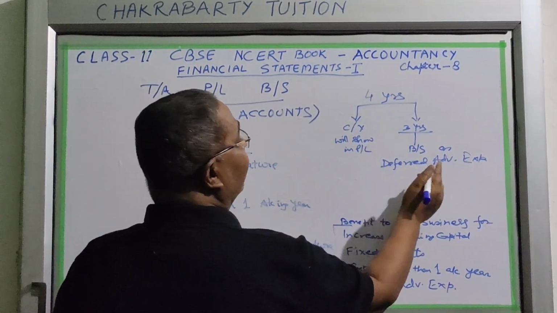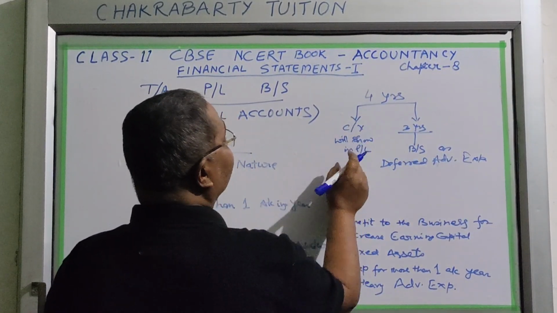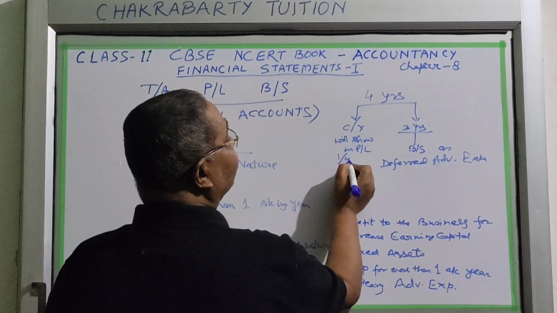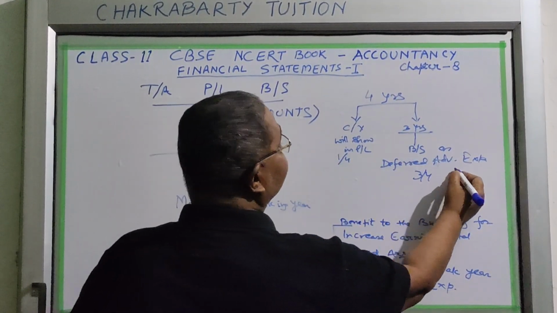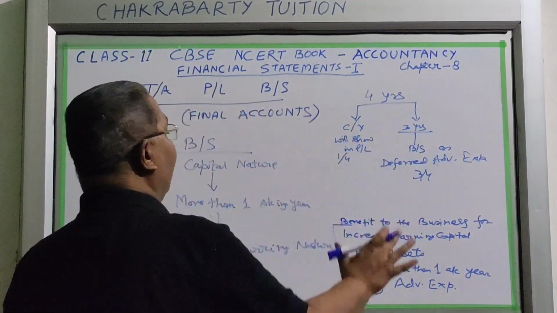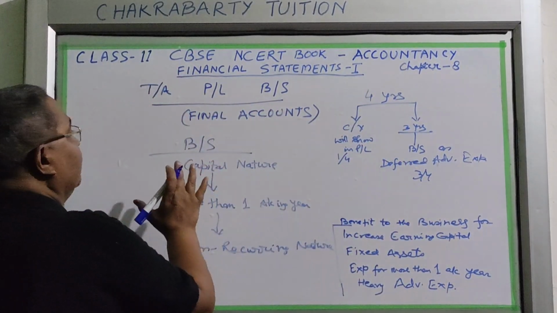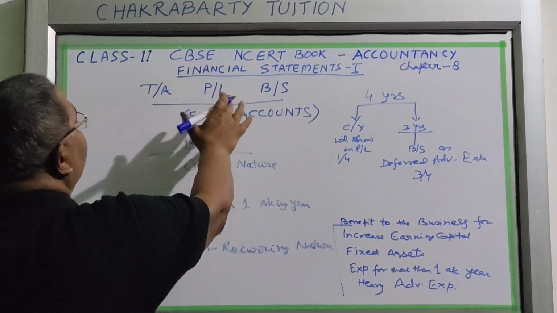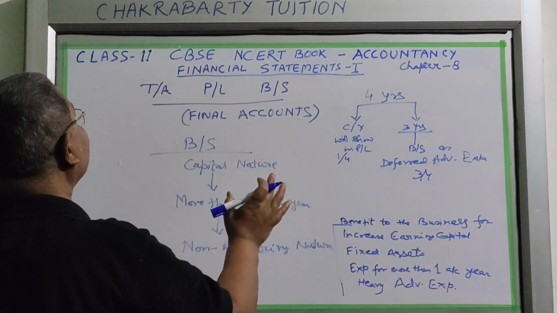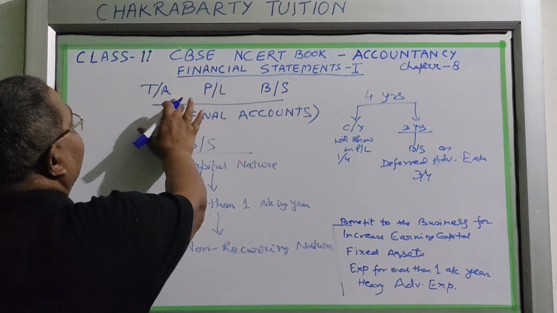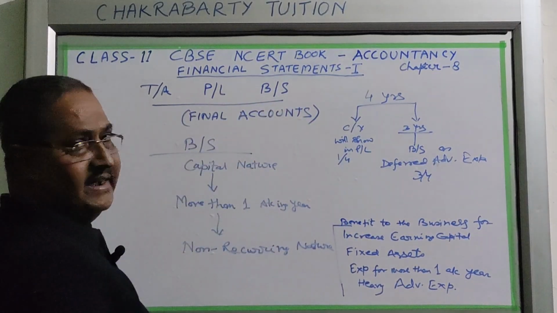So one fourth will come here, and three fourths will go in the balance sheet. This is the outlook of the balance sheet, trial balance, PL account, and trading account. Now we will go to practical numerical questions so that you can understand this very well.